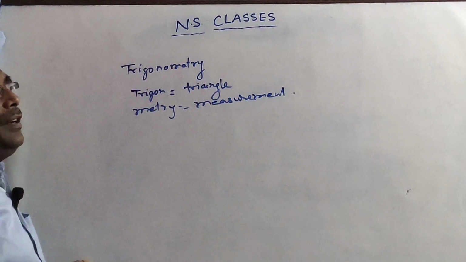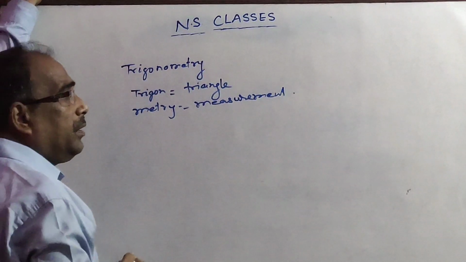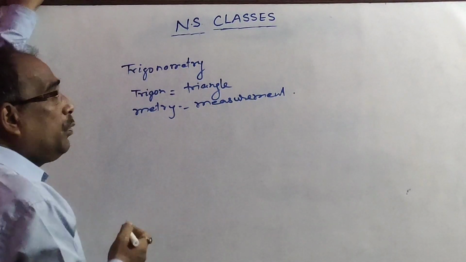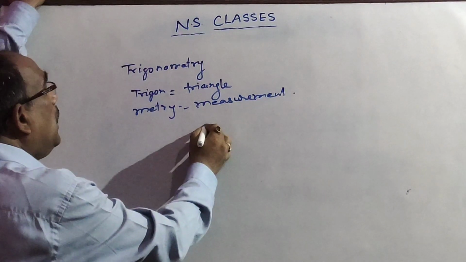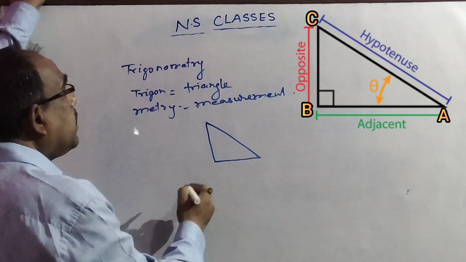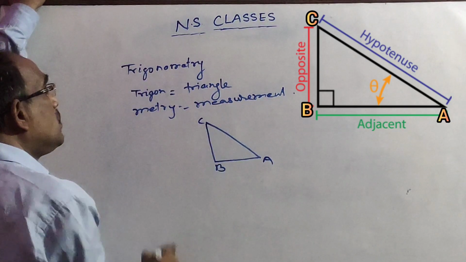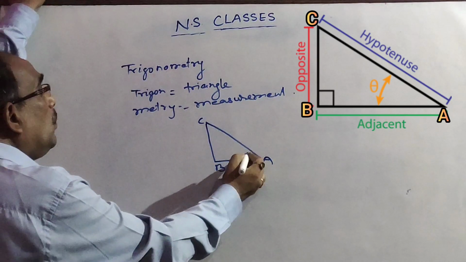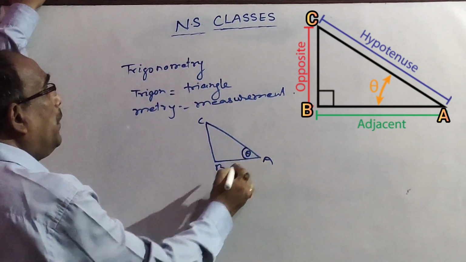But in standard 10, what we are going to study, that is very important, we are going to study the acute angle of a right angle triangle. Let us consider a right angle triangle ABC, where angle A is denoted by theta.